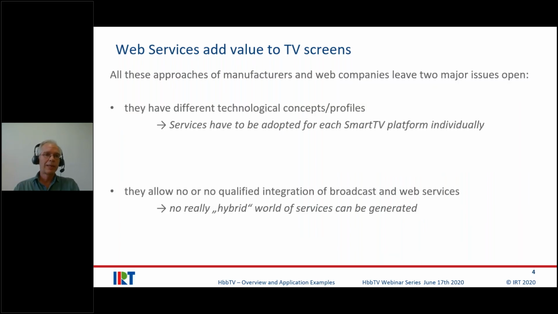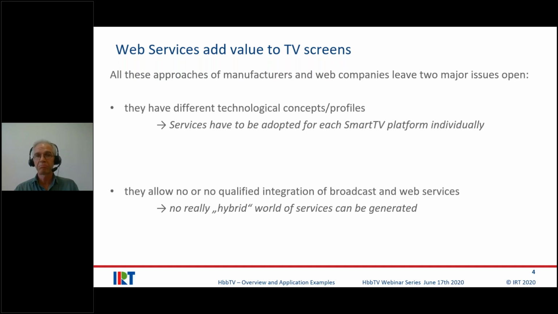Still, all these approaches, the manufacturer's portal, the sticks and boxes, and also Android TV, leave two issues open. There is much more fragmentation than we are used to seeing in other domains of the web market. The different approaches have different technological concepts and profiles, and so the services usually have to be adapted for each of these platforms individually.